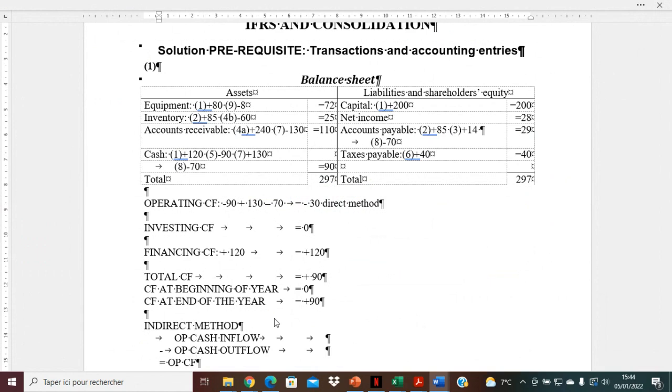I can do this exactly like we did here. That's what I do, plus and minus.